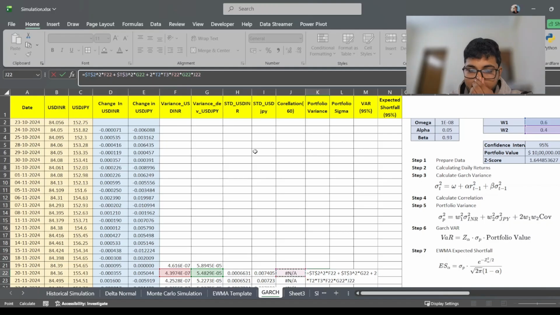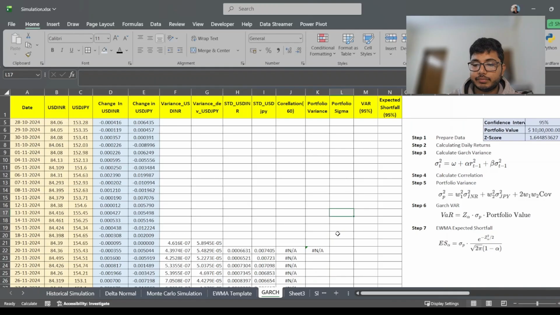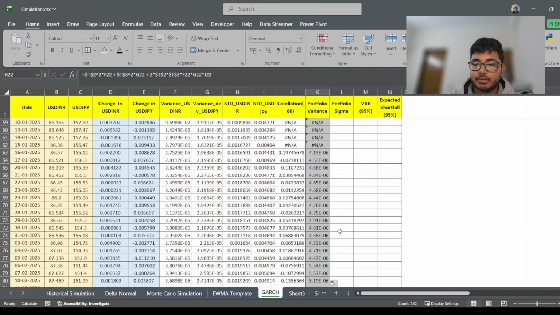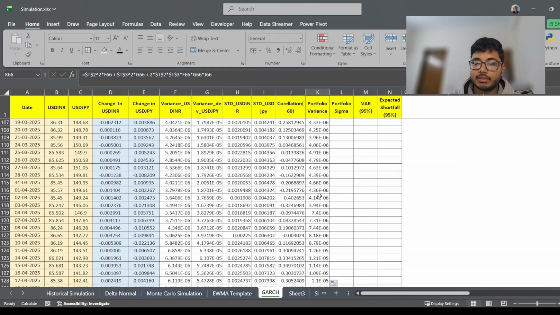Since correlation has NA, we are going to get a value NA. So that's how we can calculate portfolio variance. It is going to give NA. After 60 days, it will start giving us values. So you can see here, it starts giving us portfolio variance.